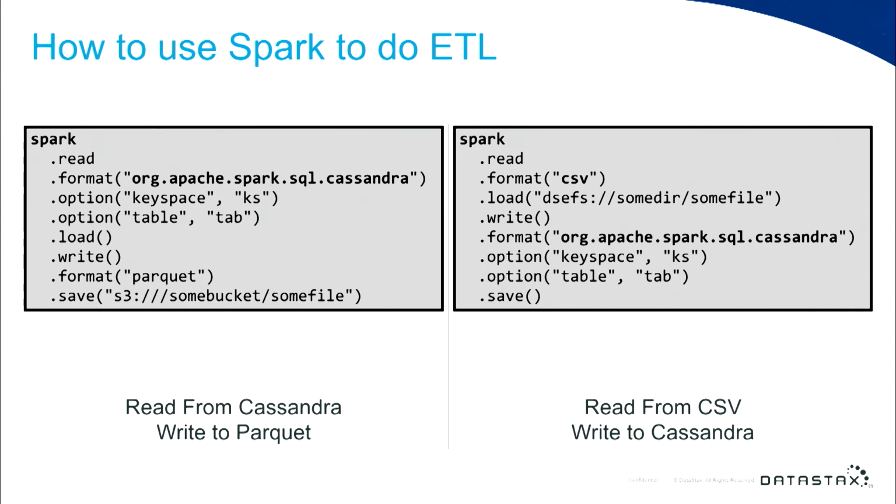So basically, to change this code from reading from a distributed database to writing to a S3-backed distributed file, to reading from a CSV in DSEFS, which is our local HDFS variant, and to a Cassandra database, really just means changing the contents of these function calls. We change the formats around, we change the options around, and everything works together.